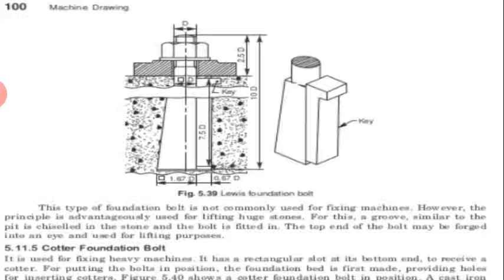So we have to draw the nut and plate within that 250 mm area. Now draw the nut, plate and lower part using appropriate dimensions as shown in the figure. After that, our diagram of the Lewis foundation bolt is completed.